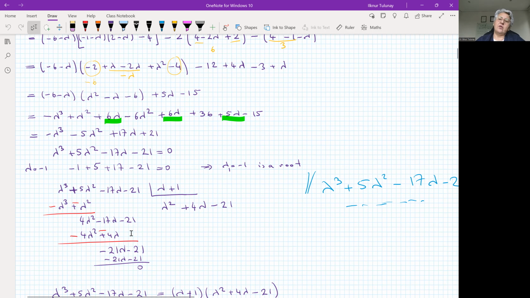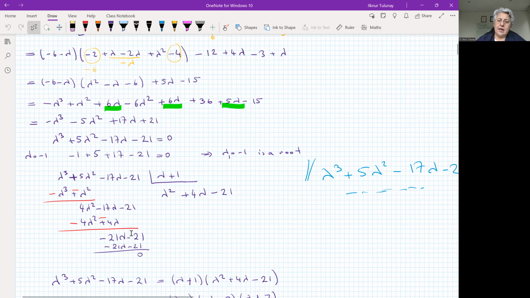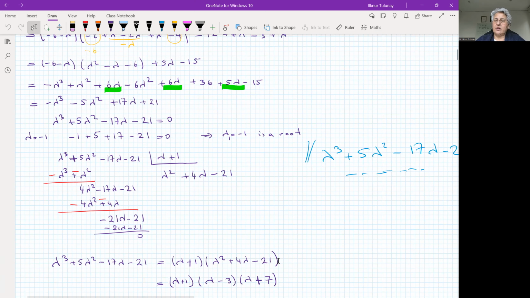And then we divide and try to get a quadratic polynomial. We want a linear factor times a quadratic factor. Then we know how to solve the quadratic factor. So we would like to reduce the problem to the quadratic polynomial situation so that we can solve.